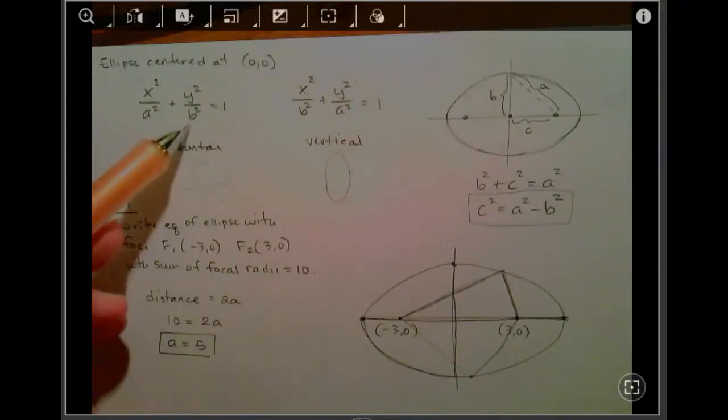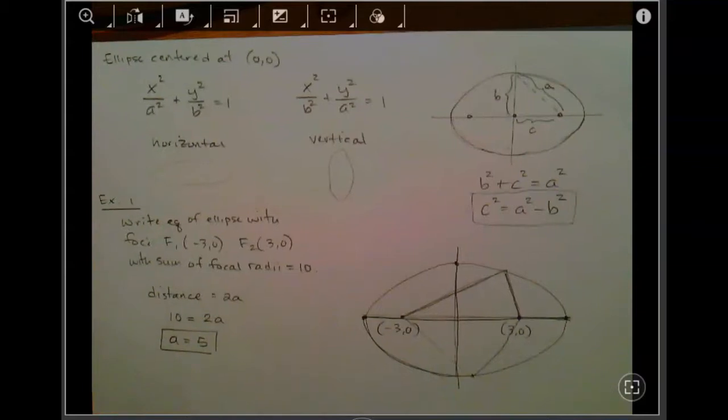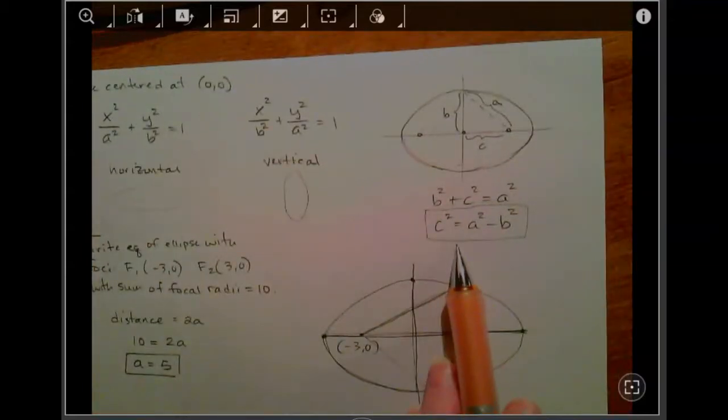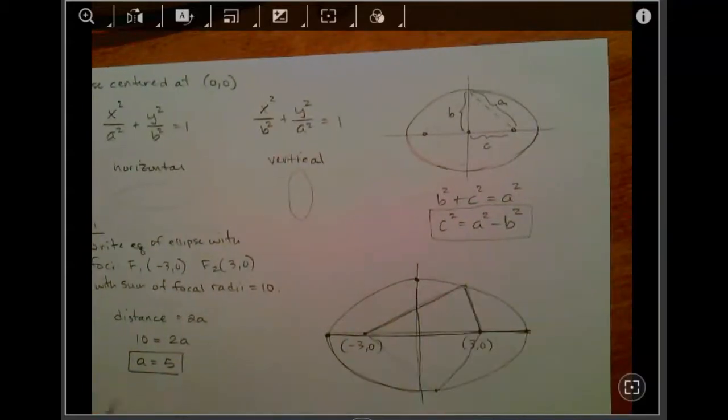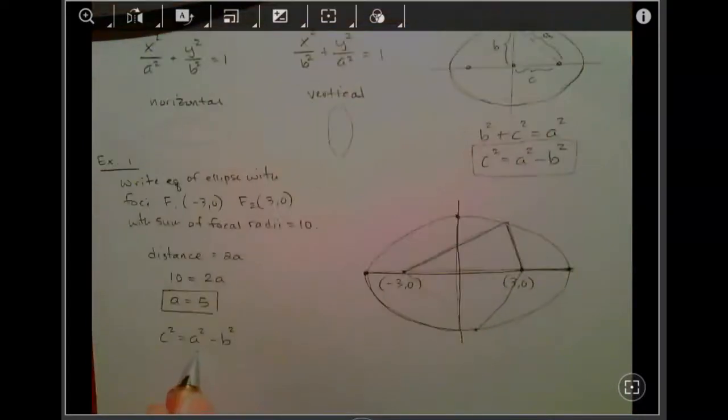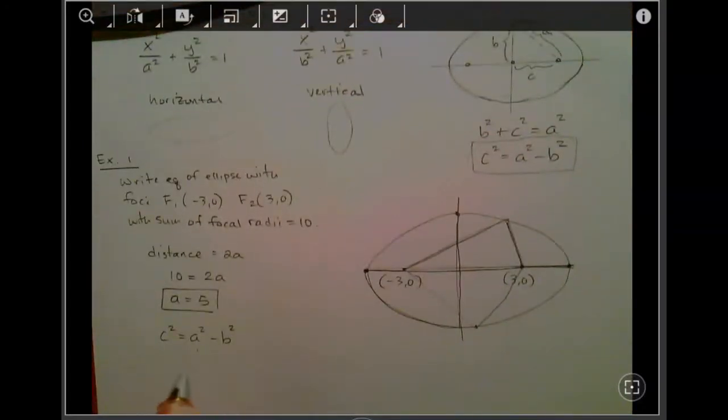Now I need to figure out what b is. So now we're going to use this fact right here. I know that c squared is equal to a squared minus b squared. Well, I know that a is 5, so I can already substitute in 5 squared. And c is just this distance from the origin to the focus, which we know is 3.